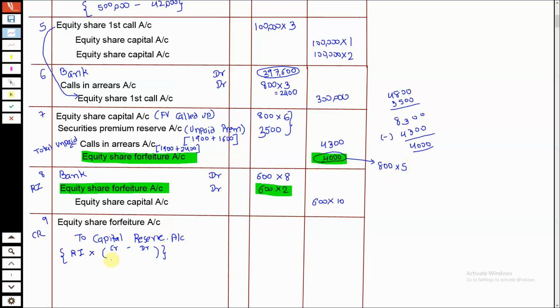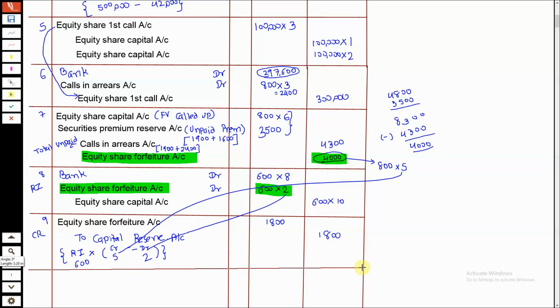So 5 rupees per share पहले से credit था. And discount आपने कितना दिया है, debit कितना किया था, 2 rupees. Share forfeiture को credit कितना किया था, 5 rupees. कितने shares reissue कर रहे हो, 600 shares. तो 600 into 3, so this will be 1800. Okay, so 1800 will get transferred to capital reserve.